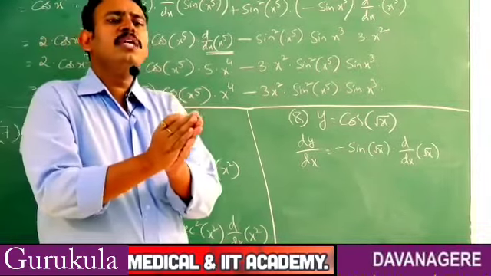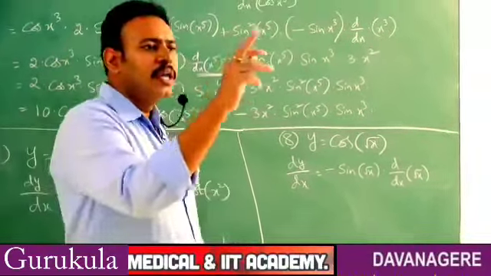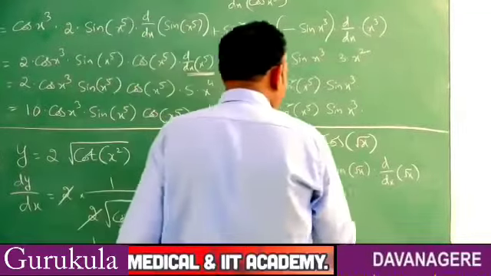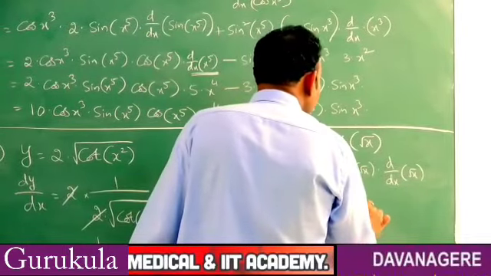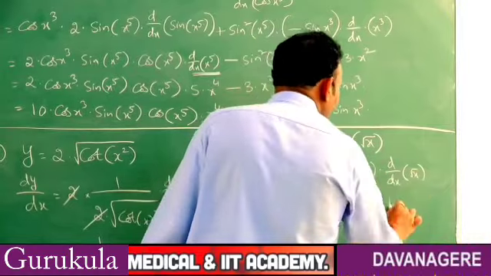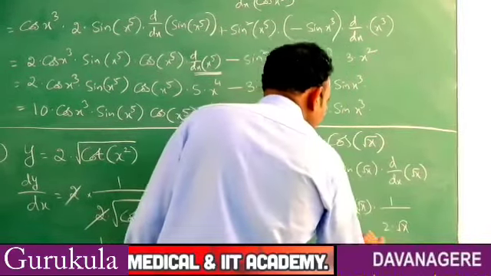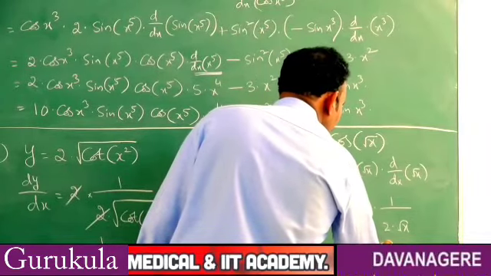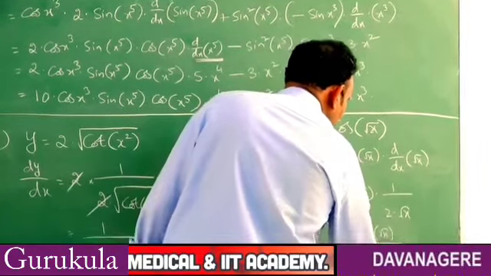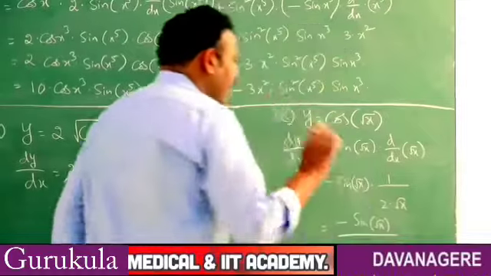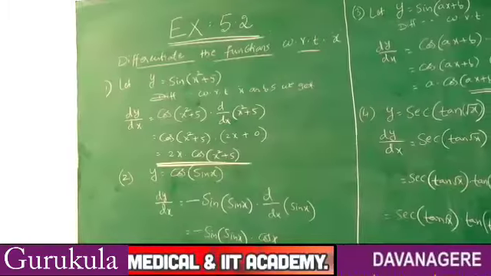What is in place of x? Root x. Derivative of root x you can write now. Minus sin root x, derivative of root x is 1 by 2 root x. That is minus sin of root x by 2 root x. That's all, students.